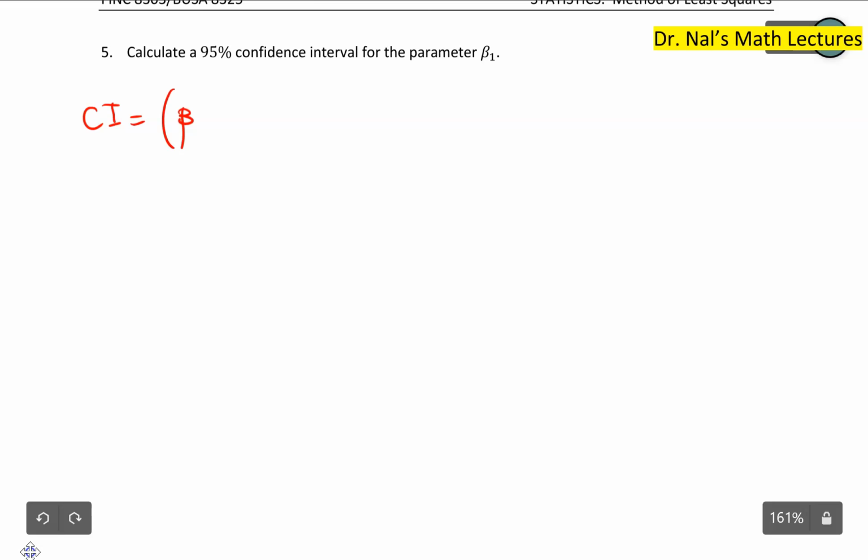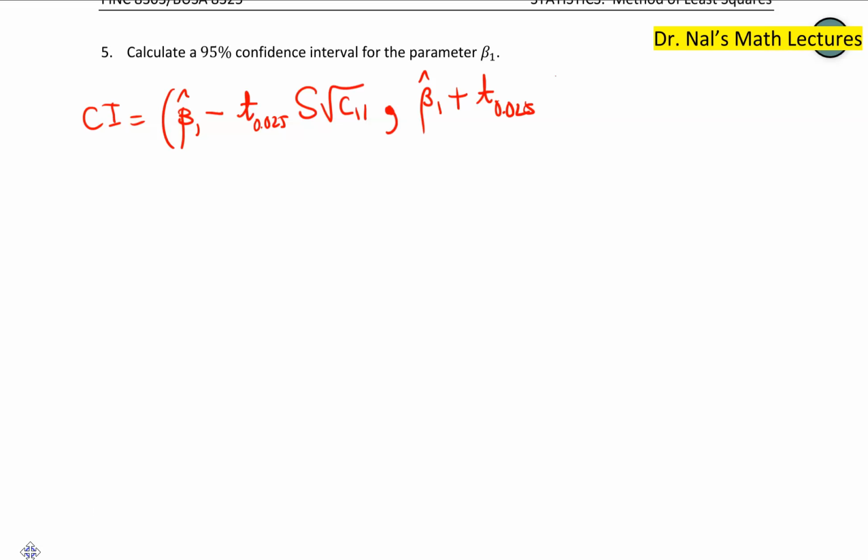At the lower bound, we have beta 1 hat minus t, the critical value at the 0.025 level, times s times the square root of c11, comma, and at the upper end, beta 1 hat plus t 0.025 times s times the square root of c11.